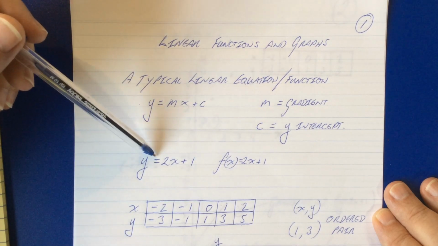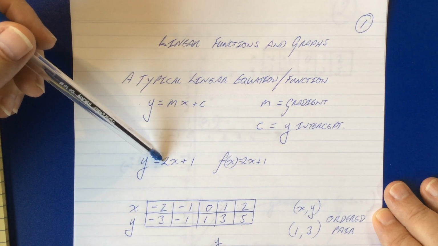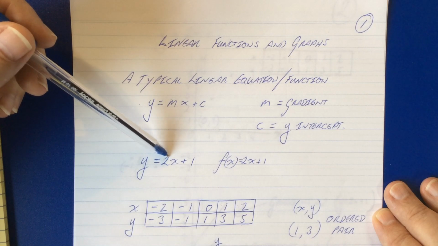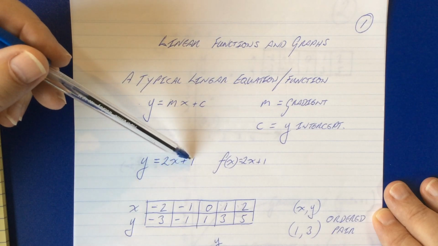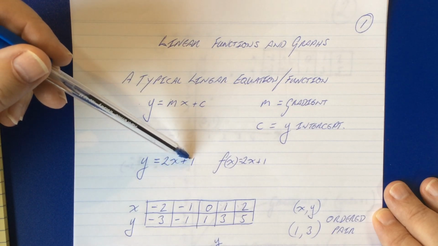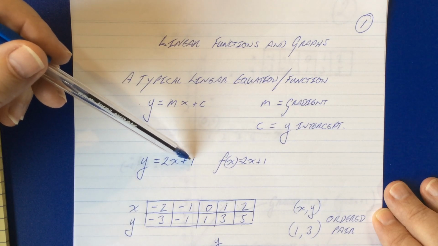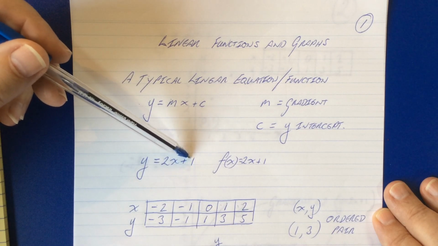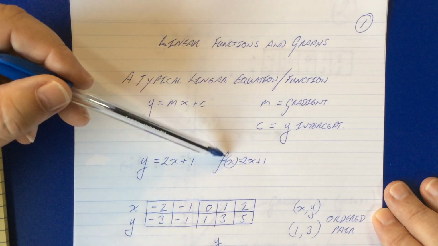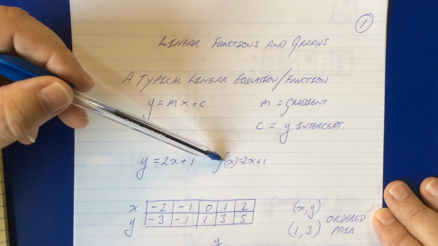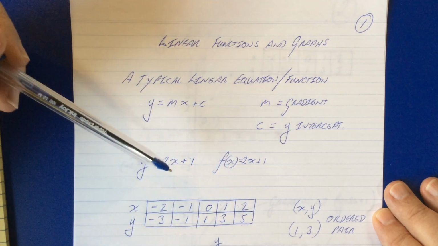So looking at this equation, the gradient of this line is 2, because that's the number beside the x, and the y-intercept of this line will be 1. This simply means y as well, and it's called function of x.